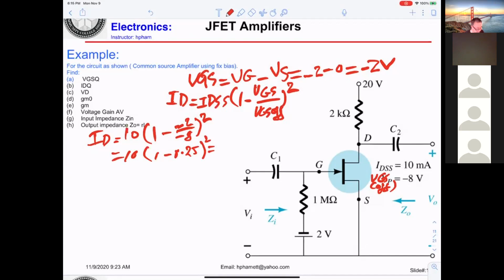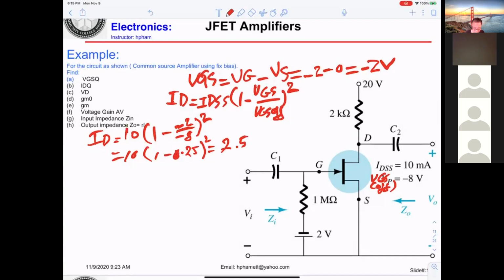Okay, so 1 minus 0.75 equals 0.25, times 10. Is it 2.5? Yes, sir. Then 6.625?